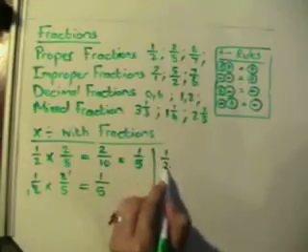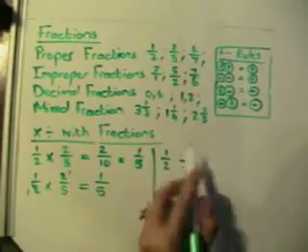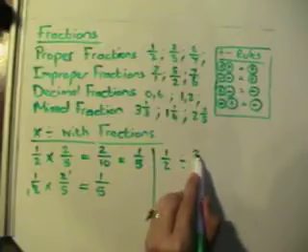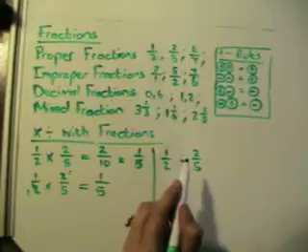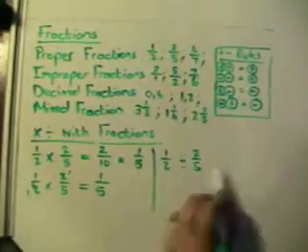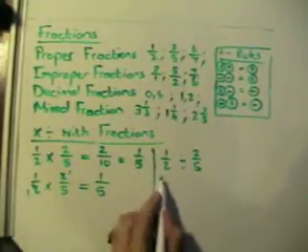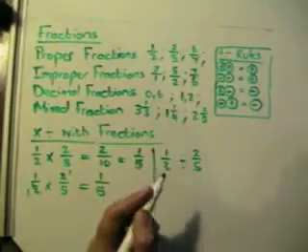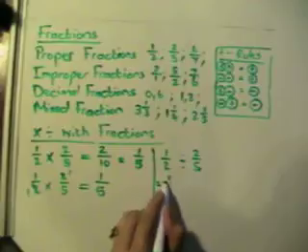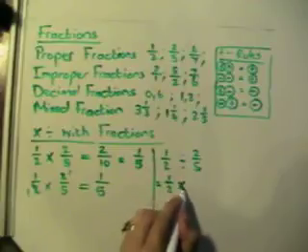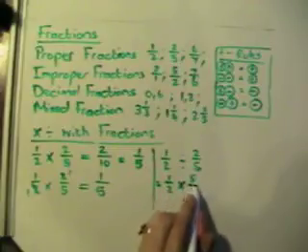Say for instance I have a half divided by 2 over 5. I just put in one extra step before I start doing this problem. I take a half and I multiply it by 5/2.